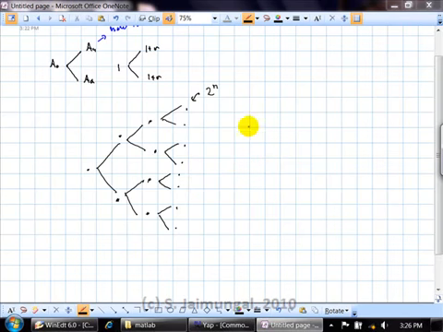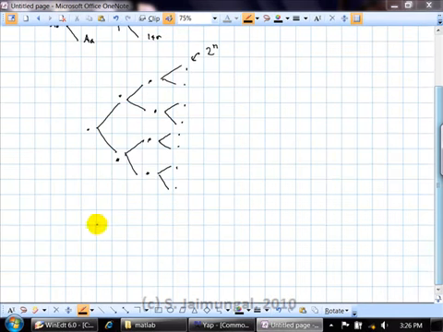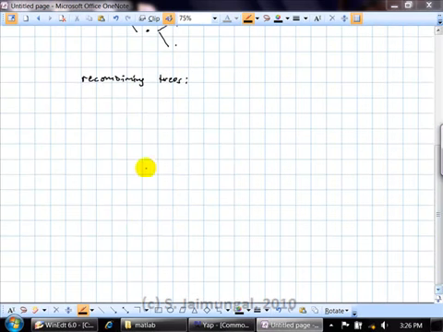And the way that is often done is by designing what are called recombining trees. So this is just a generic binomial tree, but there are other kinds of trees that are called recombining. And the idea here is very simple. If I think of the two-step case, if I go up and then down, I want it to be equivalent to going down and then up.